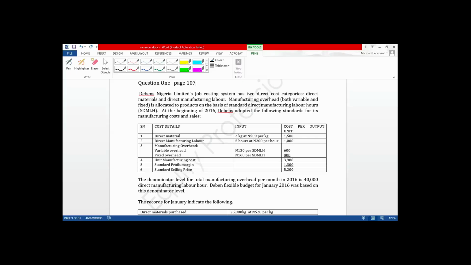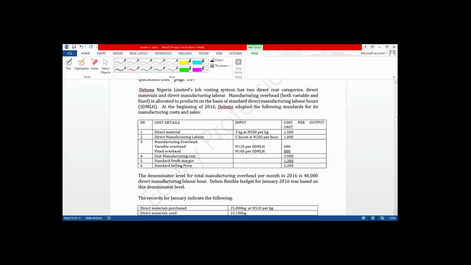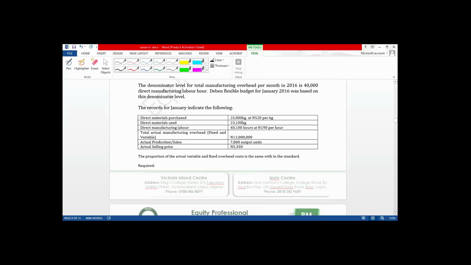The Defense flexible budget for January 2016 was based on this denominator level. The record for January indicates the following. All figures assumed to be correct. The proportion of actual variable and fixed overhead cost is the same as the standard. Please scroll up, sir. Okay.